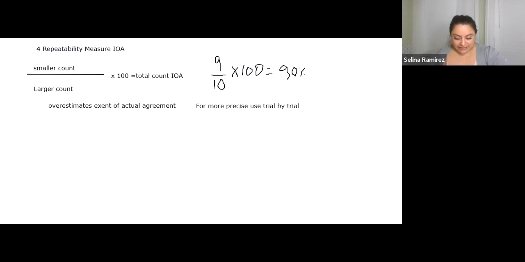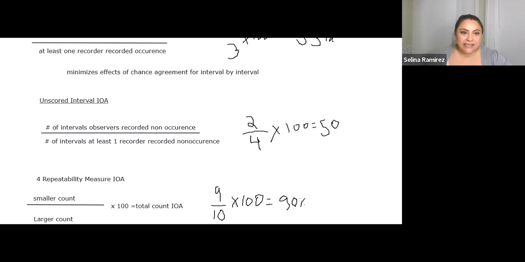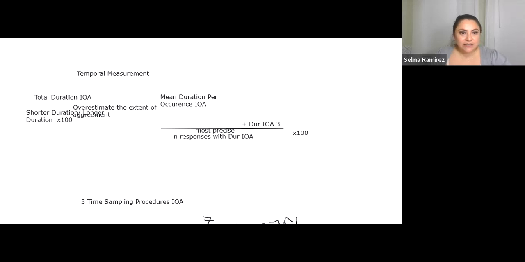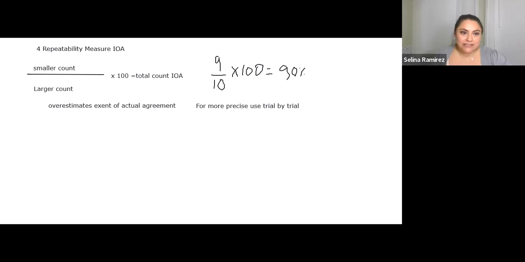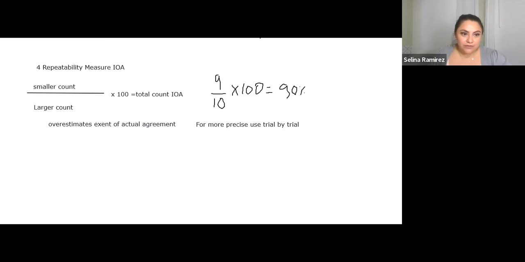Okay, so next one in the book is going to be mean count per interval IOA. So we already learned about the formula for mean count, right? Yep. So it's the same thing, but this time we're using event recording.